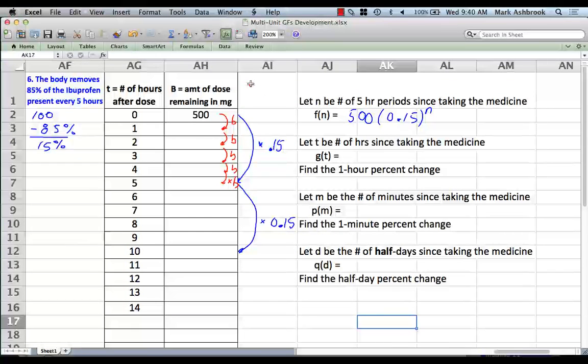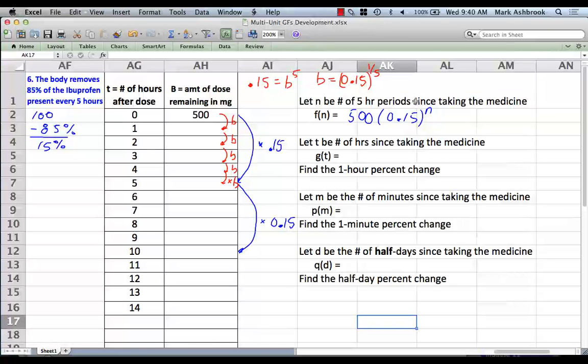Multiplying by 0.15 is the same as doing what? Multiplying by B 5 times. So 0.15 is equivalent to multiplying by our 1 hour growth factor 5 times. Therefore, B equals 0.15 to the power of 1/5. Very good.